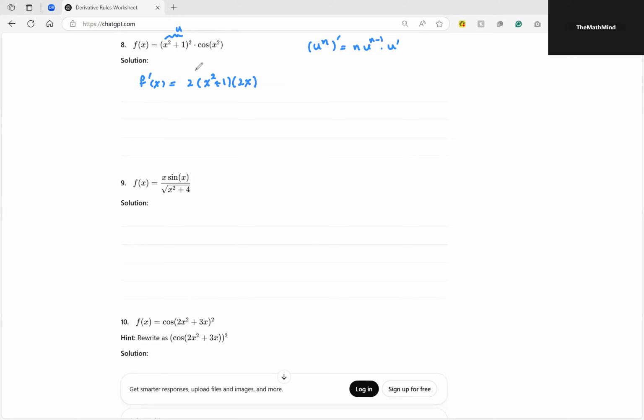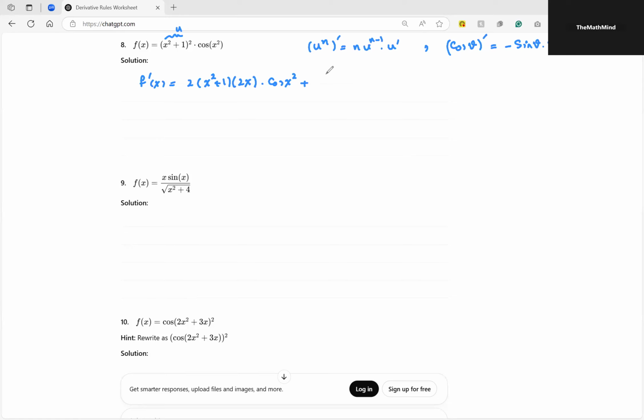This is the derivative of the first function, which is multiplied by the second function, and then plus the derivative of the second function. Here we have cosine v. The derivative of cosine v is going to be negative sine v times v prime.